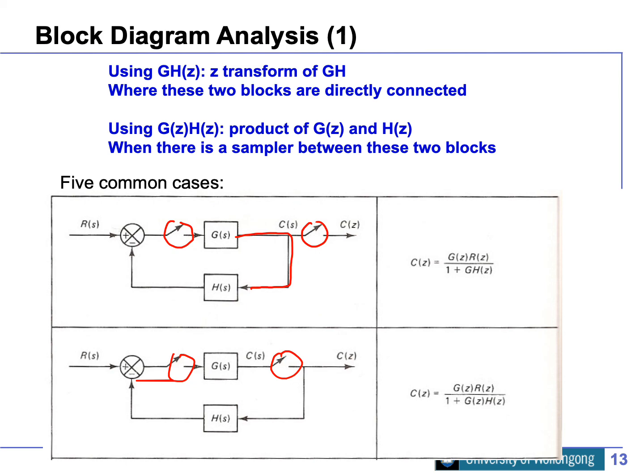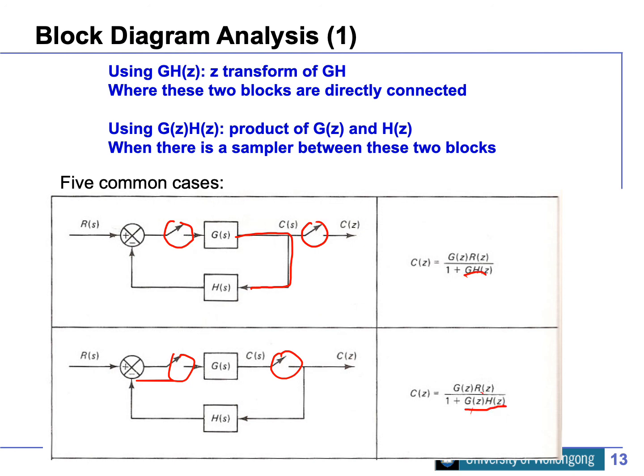If these things are separate, for this case G(s) and H(s) are not connected, they're separated by the sampler or zero-order hold, then when we convert to the Z domain, we do it separately, then multiply together. So these two, we multiply together first, then do the Z transform. And these two, we do the Z transform individually, then multiply them together. So the difference is here.